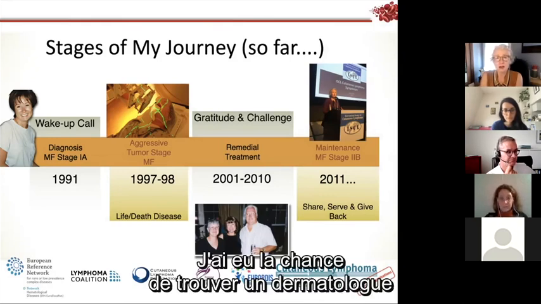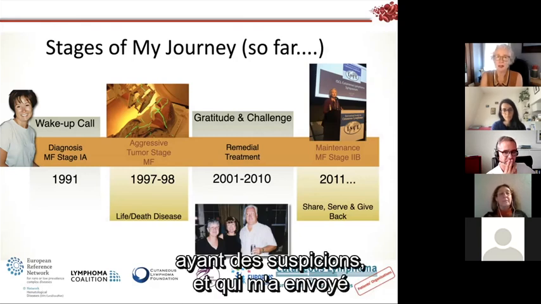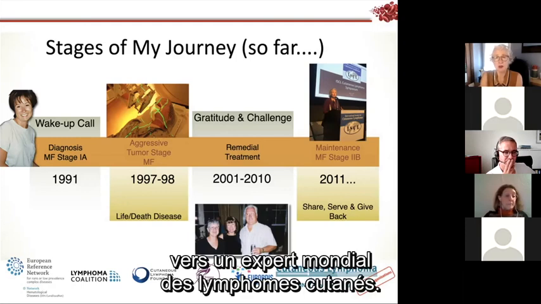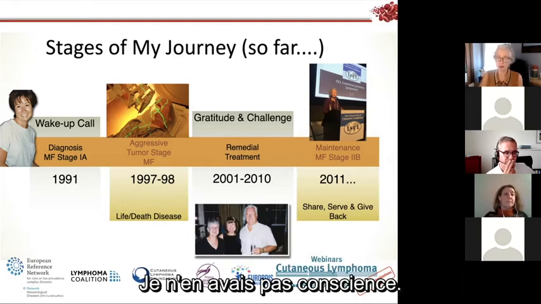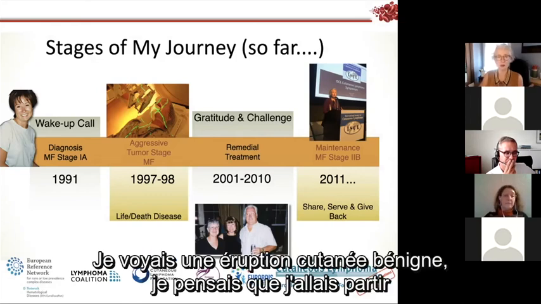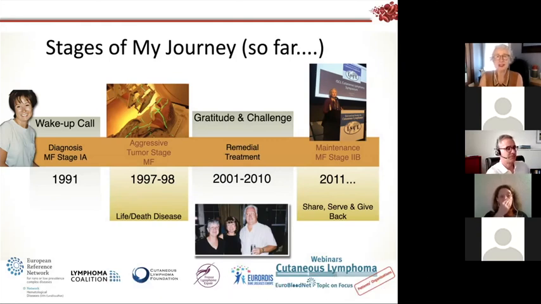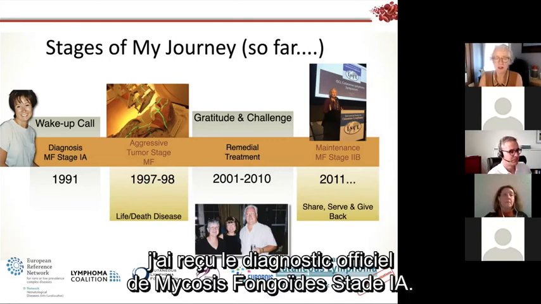So I was very fortunate to find a dermatologist who had a suspicion and immediately referred me to, at that time, in 1991, one of the leading experts in the world in cutaneous lymphoma. I did not know that at the time. I thought I just had some benign itchy rash, and I would get another cream and off I would go. Unfortunately, that was not the case when I got the official diagnosis of mycosis fungoides stage 1A.